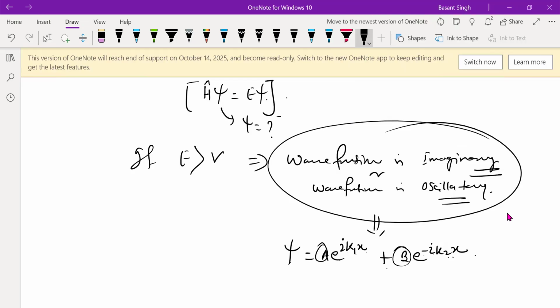Here, what is k1? This is the wave number, or called the propagation wave vector.